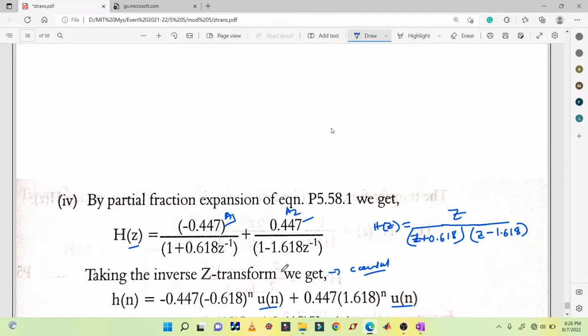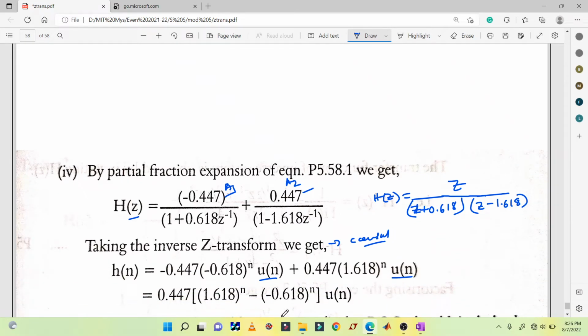So you can clearly see it is 0.447 times minus 0.618 to the power n u of n plus 0.447 times 1.618 to the power n u of n, because our ROC is z greater than 1.618. So obviously it is greater than 0.618 also.